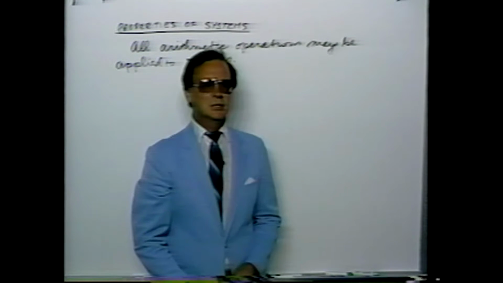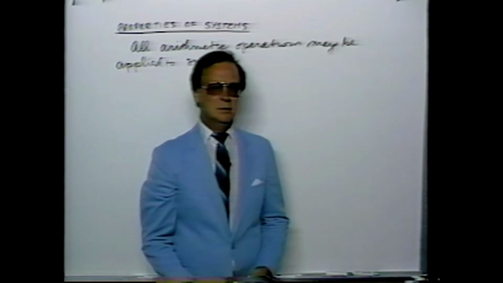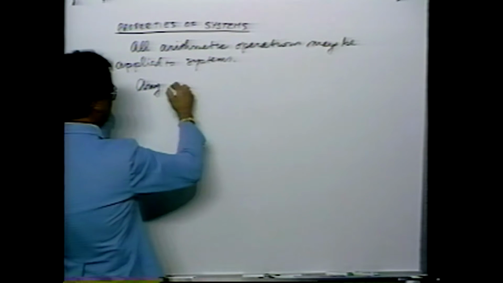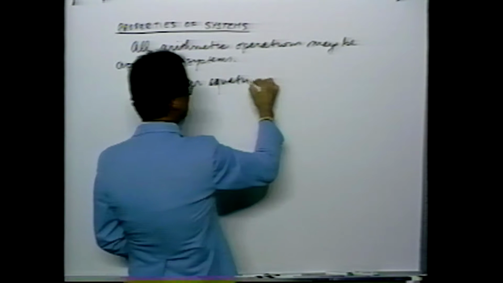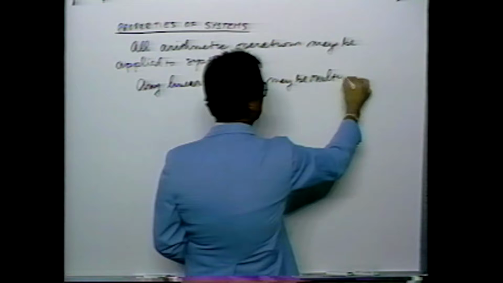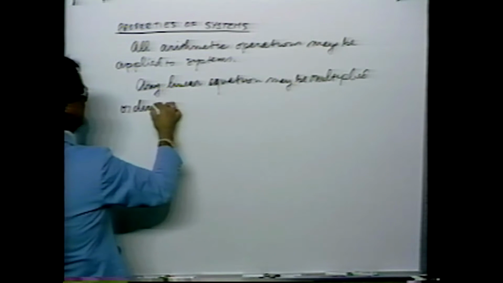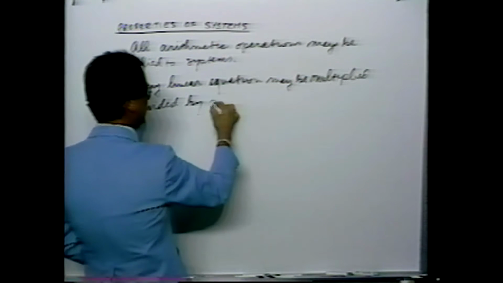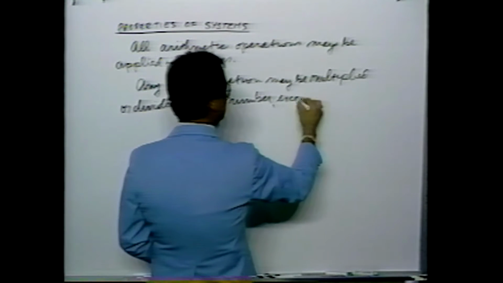Any linear equation in the system can be multiplied or divided by any number except 0.